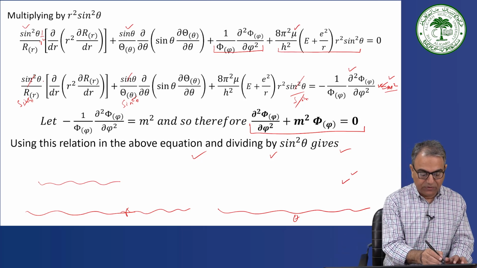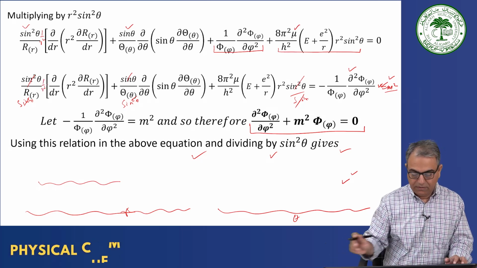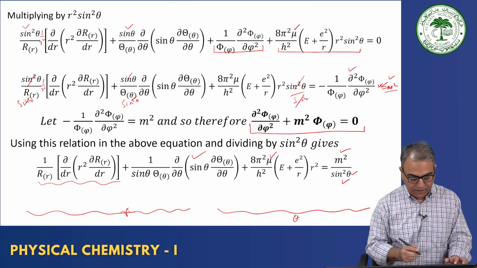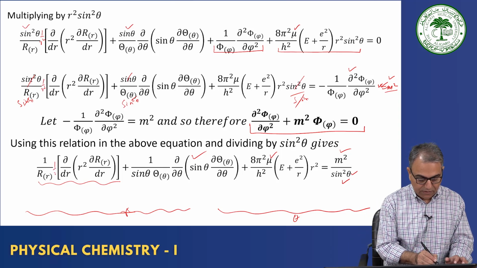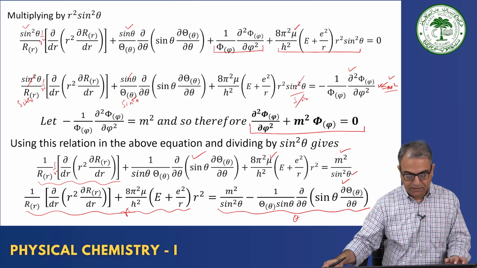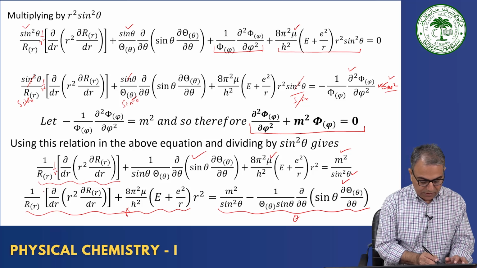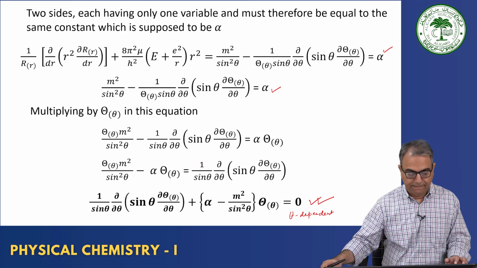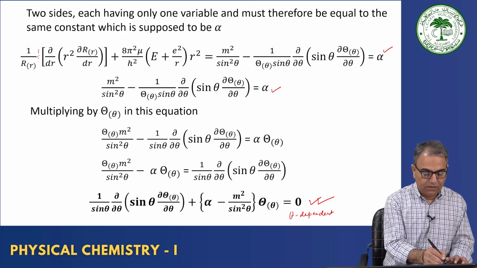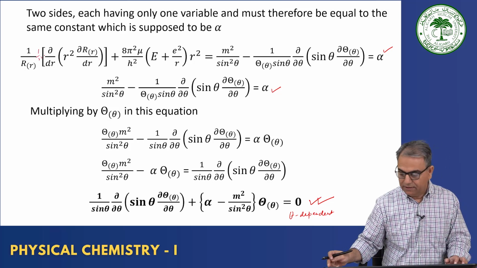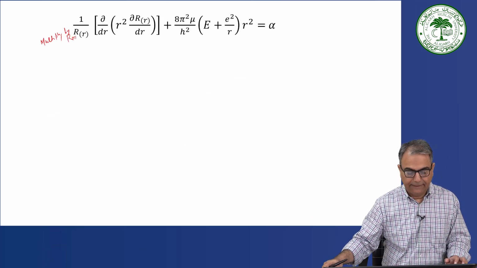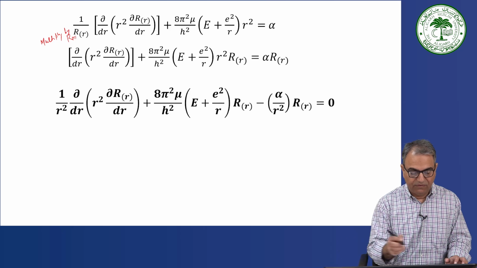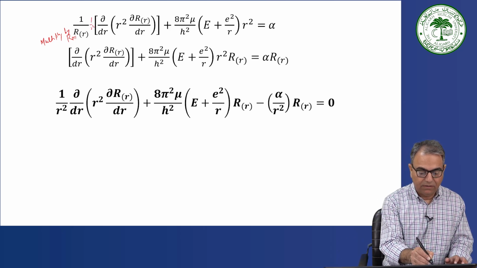Here also 1 by R square. This will be there, 1 by R square. And then you have 1 by R square.